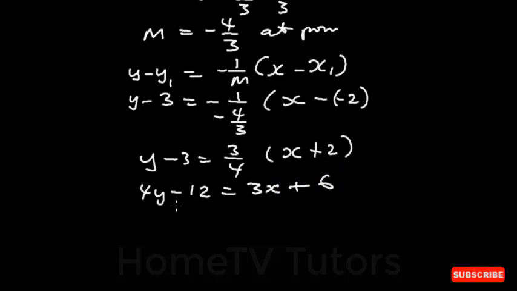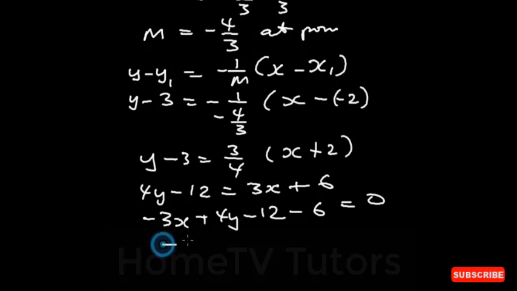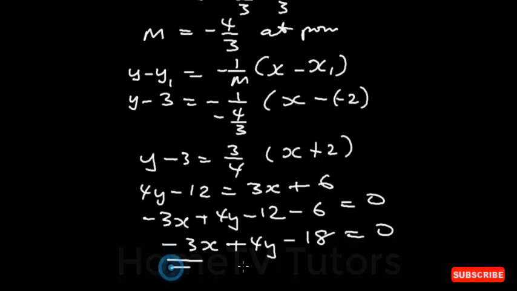So we keep solving. We bring this to this side, it becomes 3x minus 4y. Then when this comes to the left hand side, it becomes minus 6. Then we have 0 at the right hand side. So we have minus 3x plus 4y minus 18 equals 0. We divide by minus throughout.